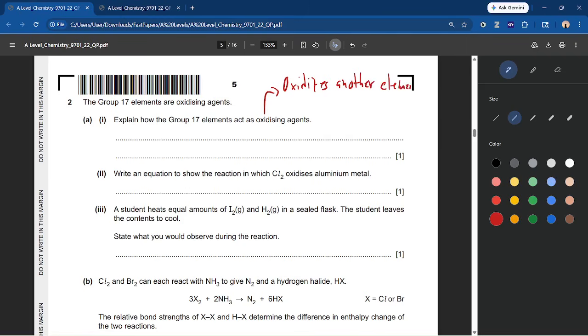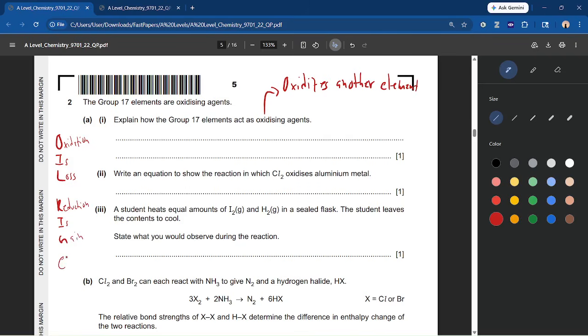So remember that oxidation is the loss of electrons. So the way I remember it is OIL RIG. So OIL RIG means basically oxidation is loss. And remember, this is all in terms of electrons, and reduction is gain.